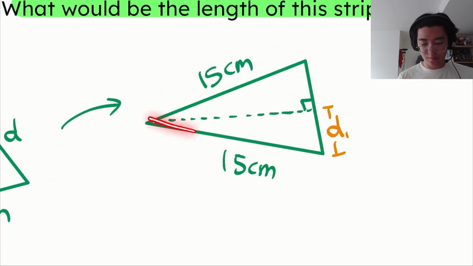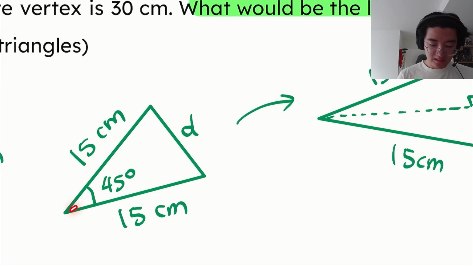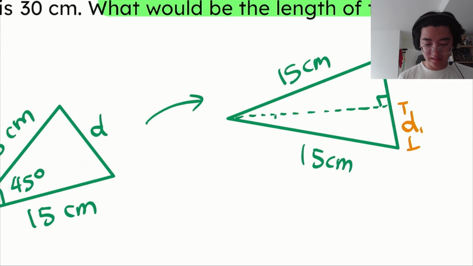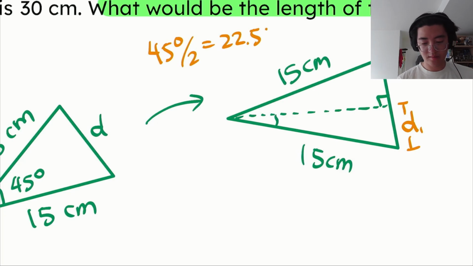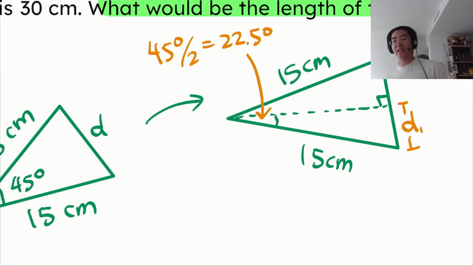We have one hypotenuse, and one side of 15. So we need an angle now. Luckily, we do have an angle. If we split this down the middle, this angle must be 45 degrees split into 2. Then we have every single piece of information that we need.